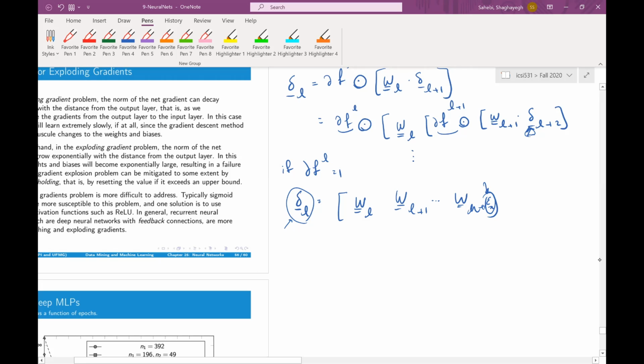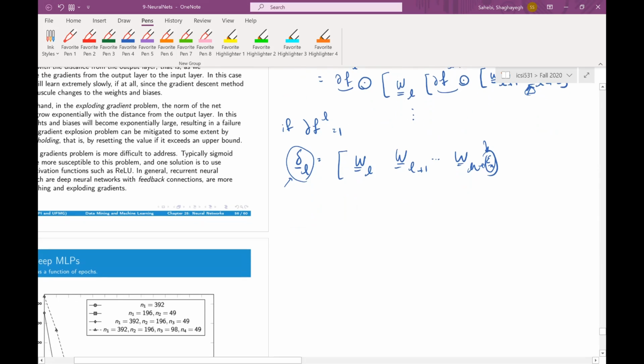Now, what kind of W is going to make things larger and larger, and what kind of W is going to make them smaller and smaller? You know that we can have an eigendecomposition for W's, right?